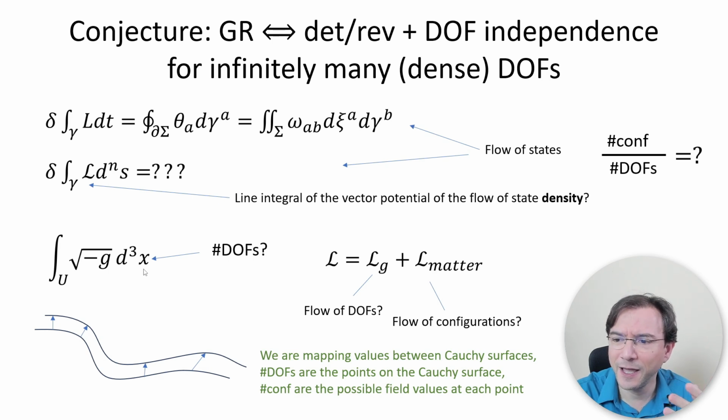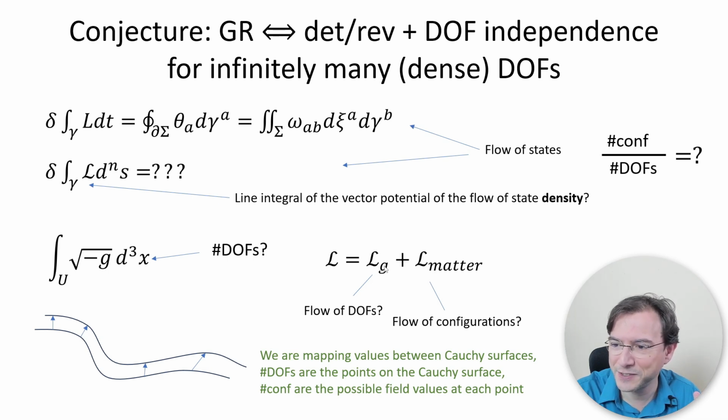And one thing that we know is, for example, that the Lagrangian density in general relativity is made of two parts. One is the Lagrangian from the field, the matter part of the Lagrangian, and then we have the other part of the Lagrangian that has to do with the metric tensor.